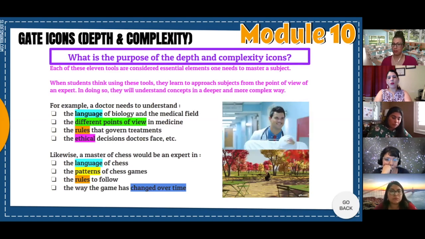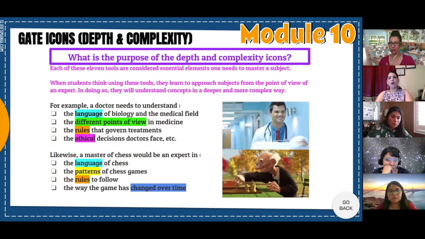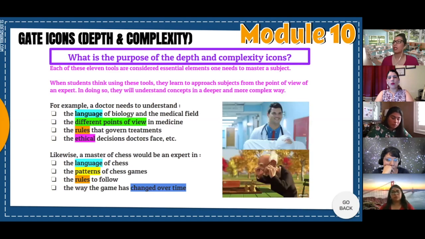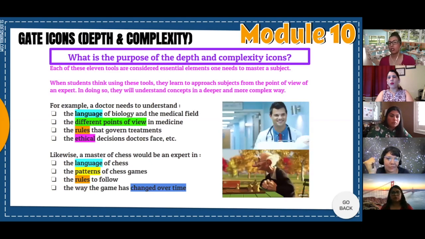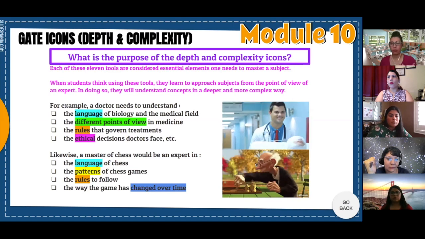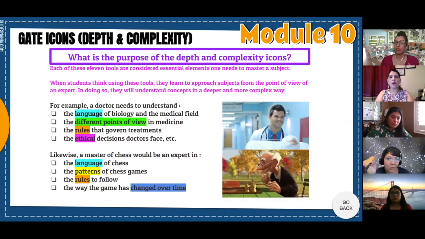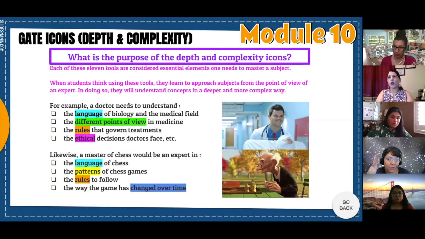There's the patient vocabulary, like just ordinary people like you and I, and then there's the vocabulary that the doctor has, right? So when we think of using the language of the discipline icon, which is the one with the lips, we want our students to think about, if we're learning about a certain topic, let's say the topic is a doctor or healthcare, we would want to bring to their attention the vocabulary that healthcare workers would have and use versus maybe the ordinary person, okay?